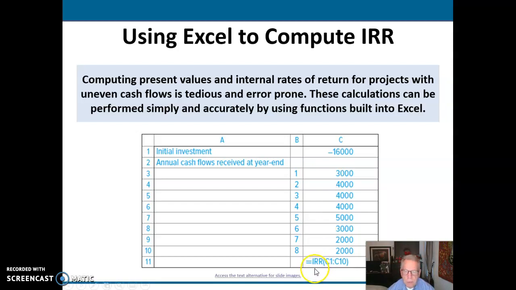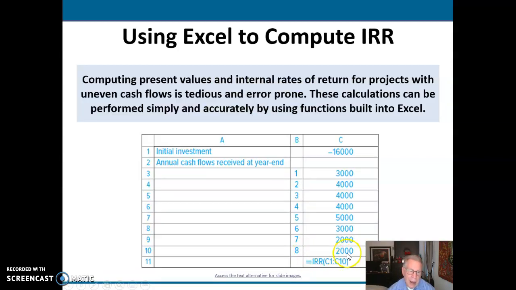So they use this function here, IRR, and they use this range from C1 to C10. And that will give them the internal rate of return.